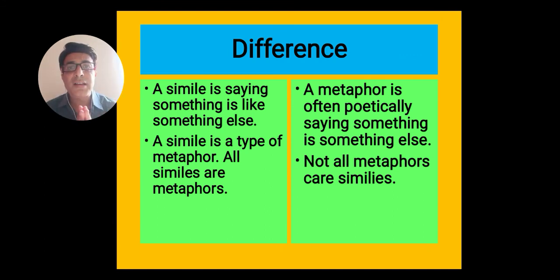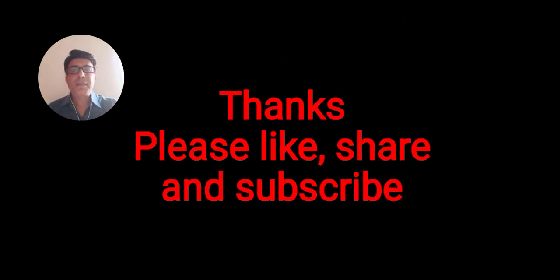But on the other hand, in metaphor, the poet says that something is something else. So, this is the basic difference. Another difference is that simile is a type of metaphor, so all similes are metaphors, but all metaphors are not similes. So, friends, I hope the idea is clear to you.